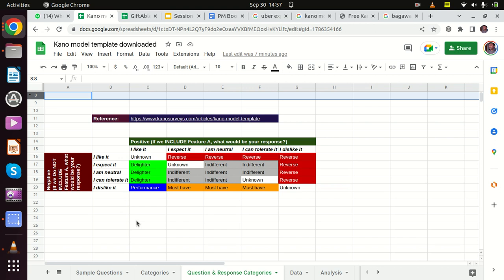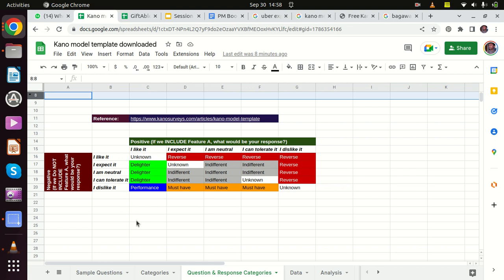What you saw on the performance line, that linear diagonal line going from the bottom left-hand side to the top right-hand side, from one end of the graph to the other end. Those are the performance features.